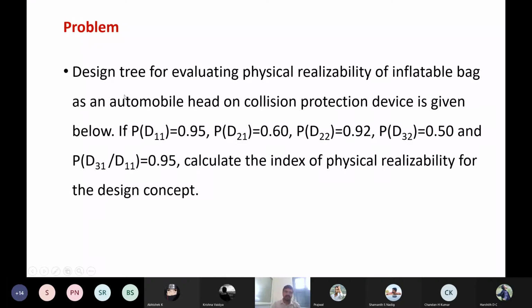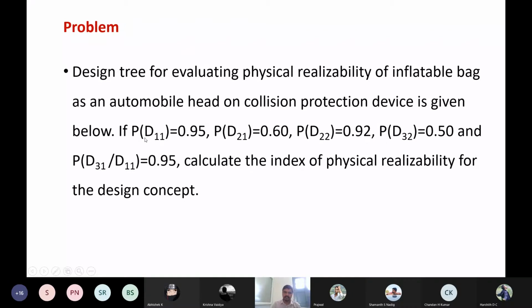So the problem statement is: the design tree for evaluating physical realizability of an inflatable bag as an automobile head-on collision protection device is given below. That is, the design tree is given in the problem itself, which you can find in the upcoming slide. This problem is divided into three parts and there are solutions for each part.